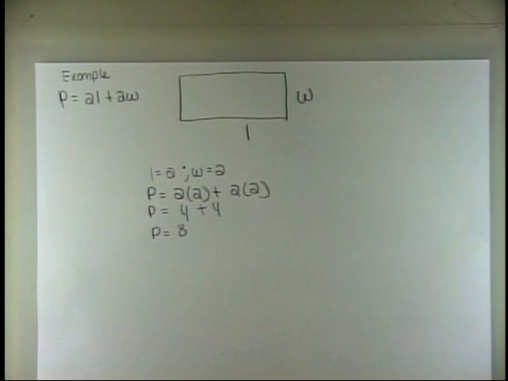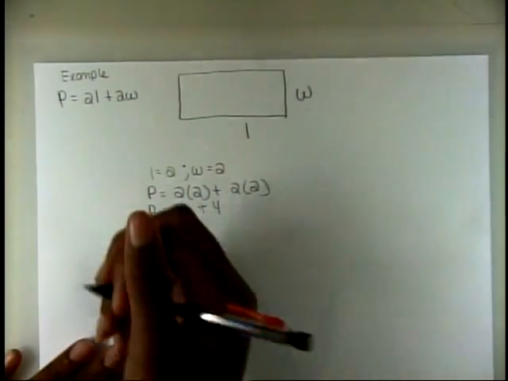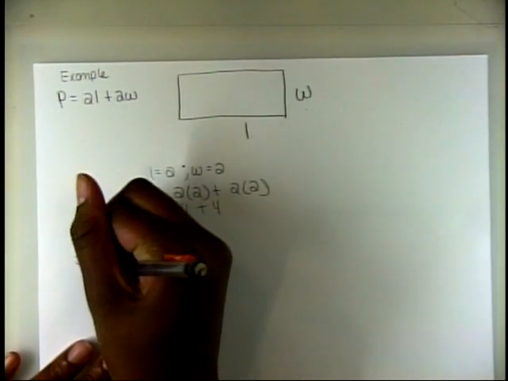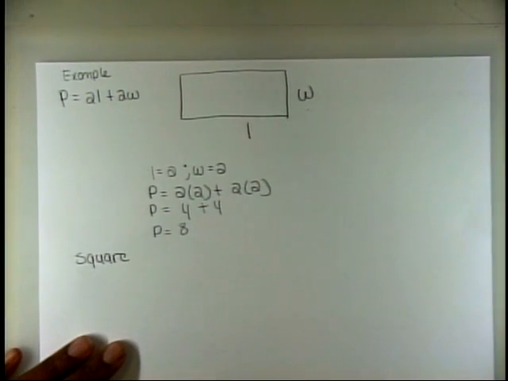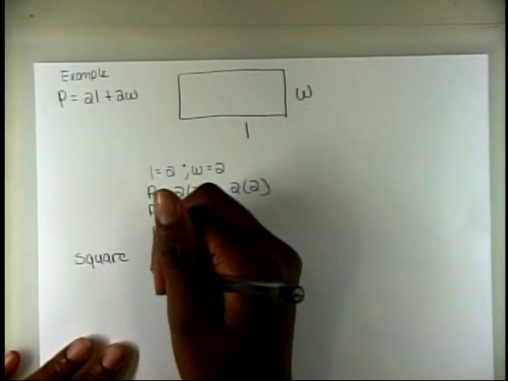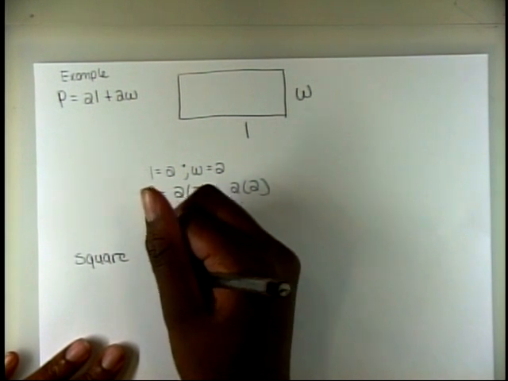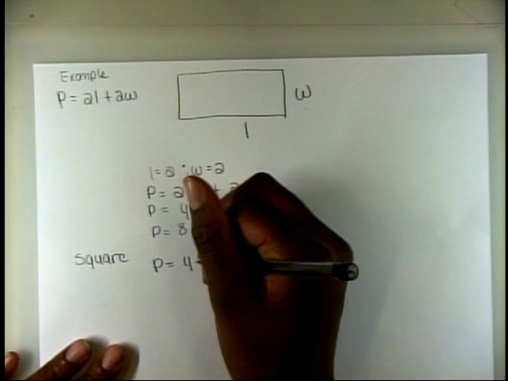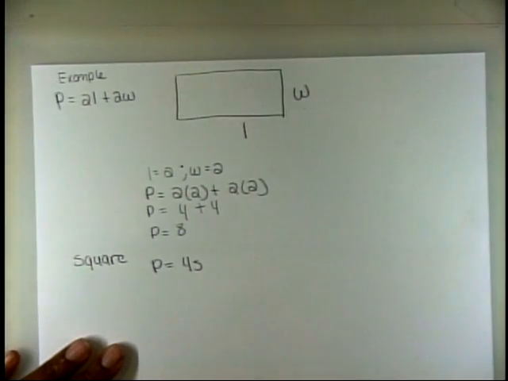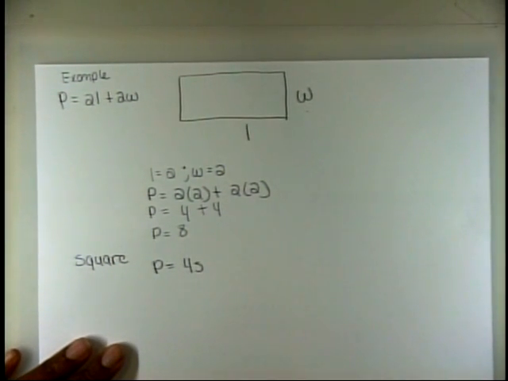Next, we will move on to the square. The perimeter for the square is P equals 4S.